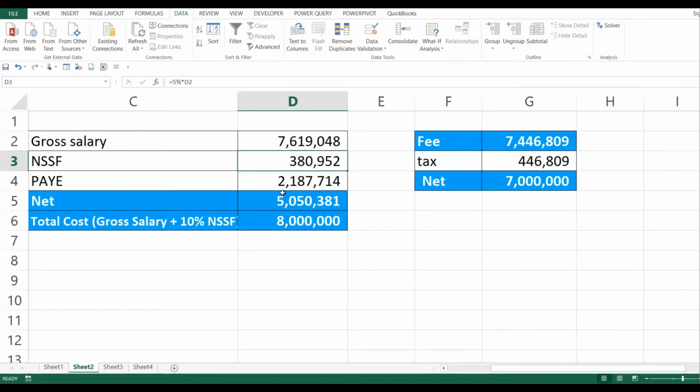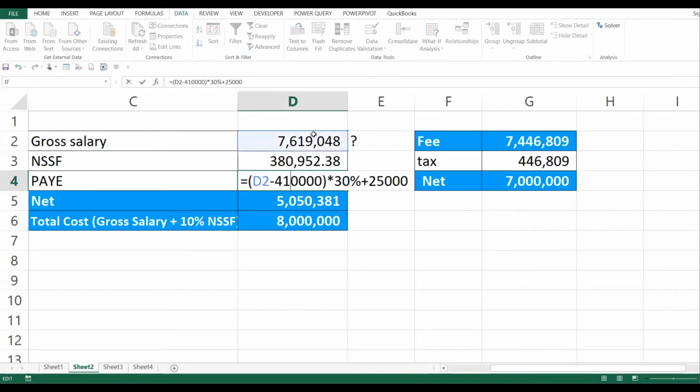So what we do here, assuming I want my total cost to the company to be 9 million, and I'm asking myself, what will I pay as gross? Remember, I first set up my formula. This is my gross. This is my 5%. There's a formula here which calculates 5%.